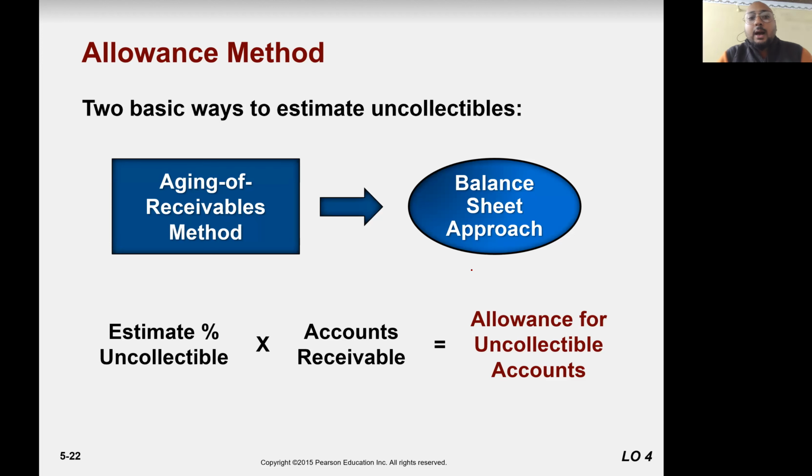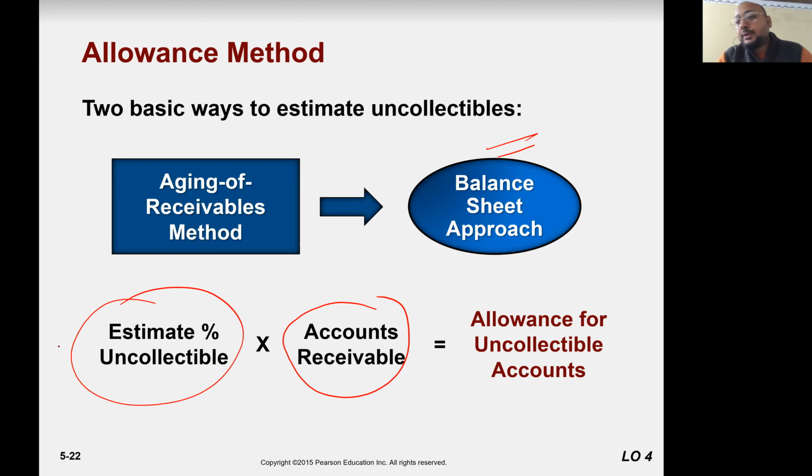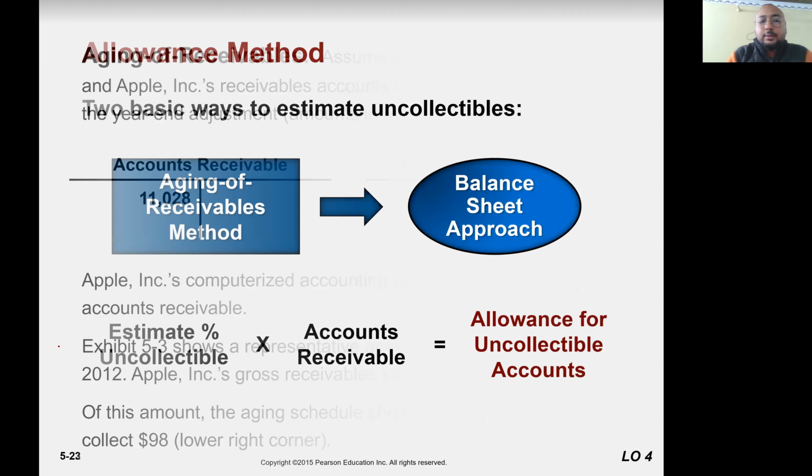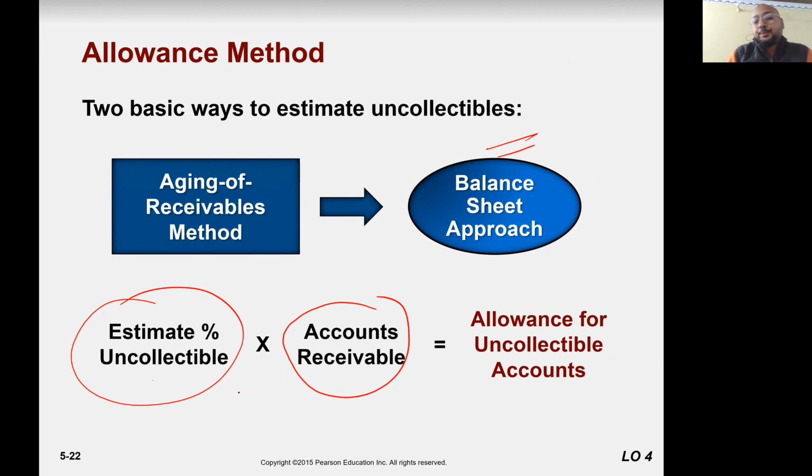Now, the allowance method, which is the balance sheet approach, which is aging of the account receivable. Simple, you just multiply account receivable with its estimation. For example, we have a number of categories of account receivable: 15 days, 30 days, 60 days.